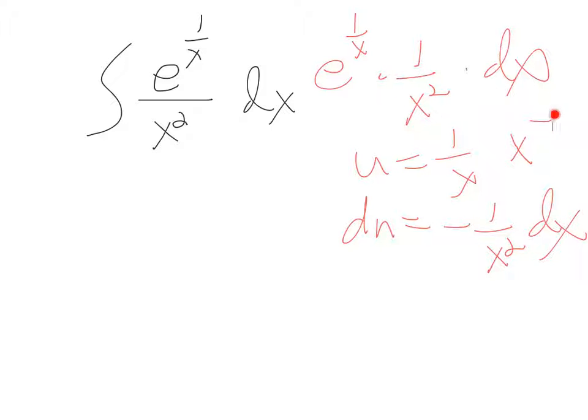Subtract 1 from that, which would be negative 2. So then the only thing that we've got extra going on is this negative. So negative integral of e to the u, sorry about that, e to the u du. Because I let this replace that along with moving that negative over in front. So the antiderivative of e to the u is e to the u, so negative e to the 1 over x plus c.